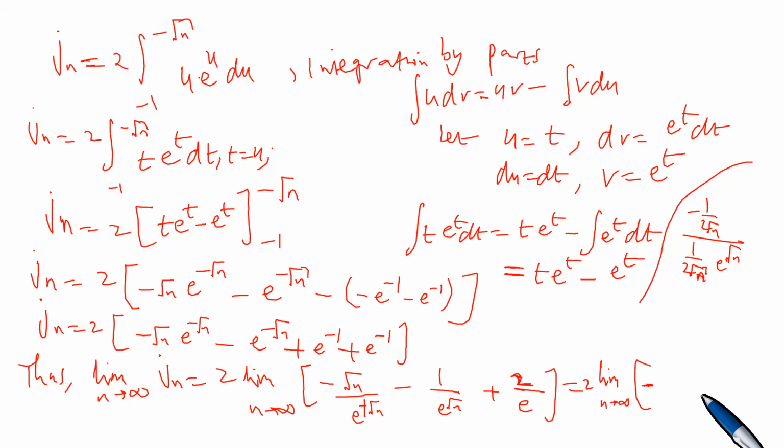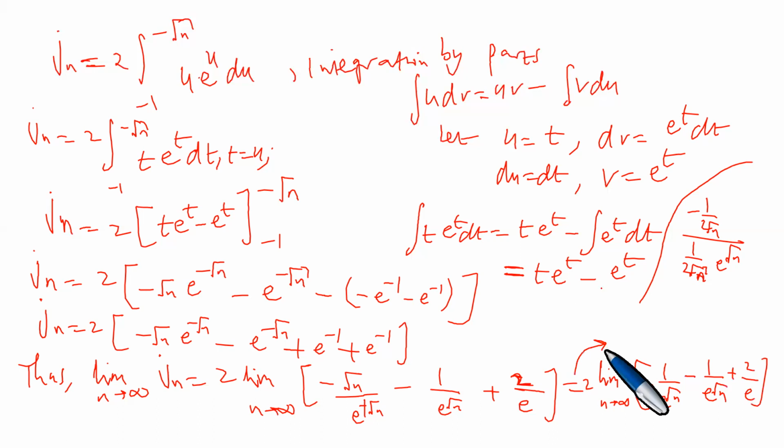So now this one cancels this. By L'Hopital's rule, this thing becomes this, and this one you can write like that. There's no problem with this. And then you have 2 over e.